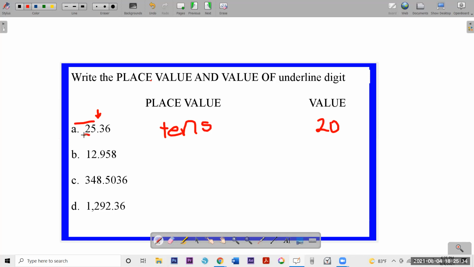What is the place value and the value of the 2? The place value would be 10 because we realize that it's a part of the whole number side. So the 5 would be 1, the 2 would be 10. And the value of the 2 would be 20. Okay, so that's what we're looking at right now, the place value and value of the decimal numbers.